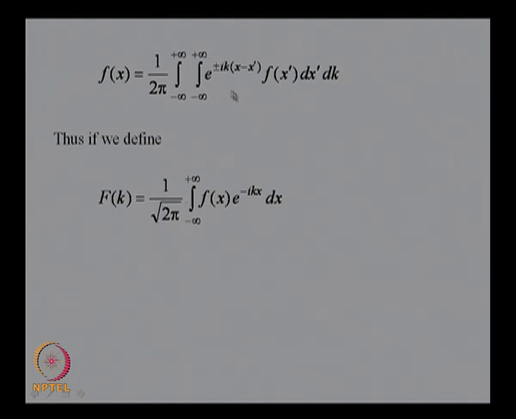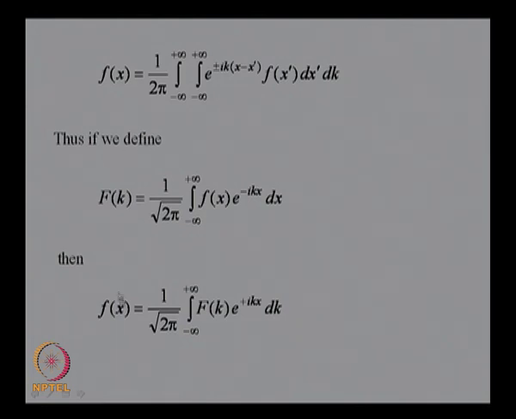So, f of k is 1 over root 2 pi times the integral of f of x e to the power of minus i k x dx, where I have dropped the prime. Then I substitute it back, and f of x is equal to 1 over root 2 pi times the integral of f of k e to the power of i k x dk.